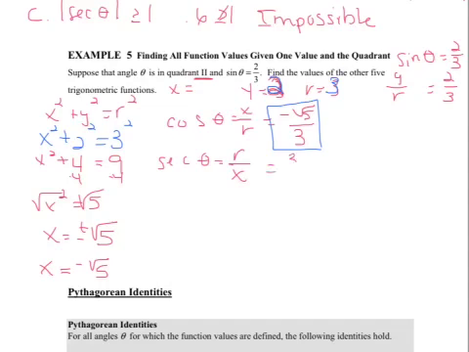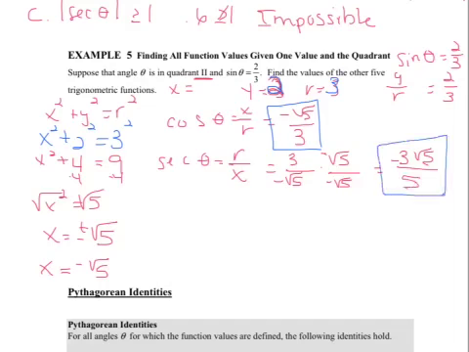We know that r is 3 and x is negative square root of 5. Well, we have to rationalize our denominator, so we can multiply by negative square root of 5 over negative square root of 5, which will give us negative 3 square root of 5 over 5. So secant of theta is negative 3 square root of 5 over 5.